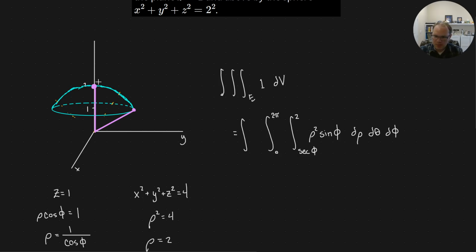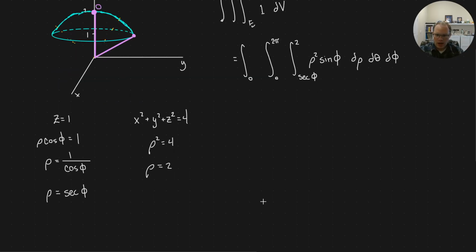Okay, now this angle up here, that's phi equals 0, right? Phi starts on the positive z-axis. What I need to find is this angle here. Okay, so how do I find that? Well, just as a reminder, z equals rho cosine phi. So cosine of phi is equal to z over rho. Now the z at this point is 1, right? Because I'm in this plane.